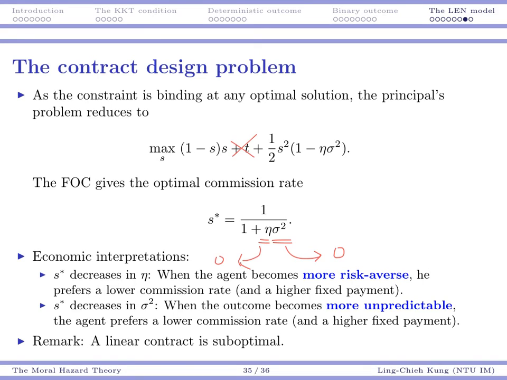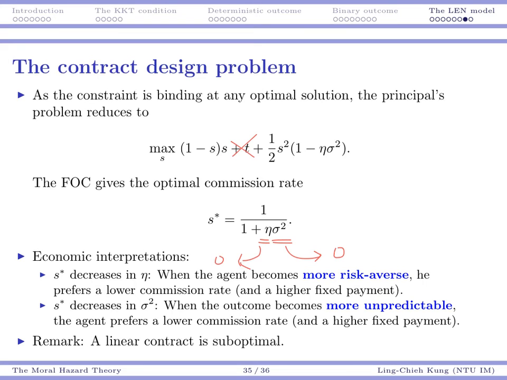problem to show up. There's one final note. We are dealing with a linear contract. That's why we get this compensation plan. But in general, no one says your contract must be linear. Okay, so no one says this optimal commission rate is really optimal to the principal, because if the principal wants, the principal can actually design a much more complicated contract to see if it is possible to make his profit even higher.